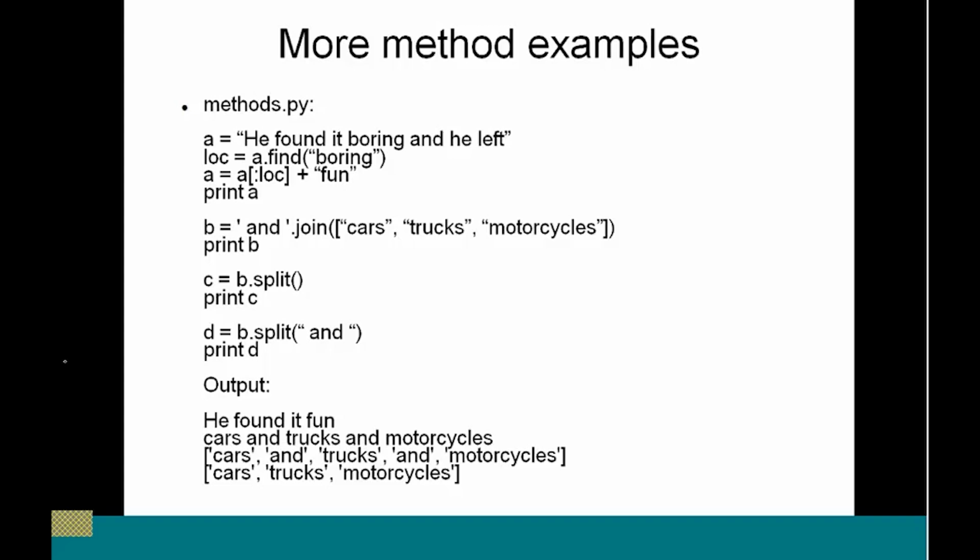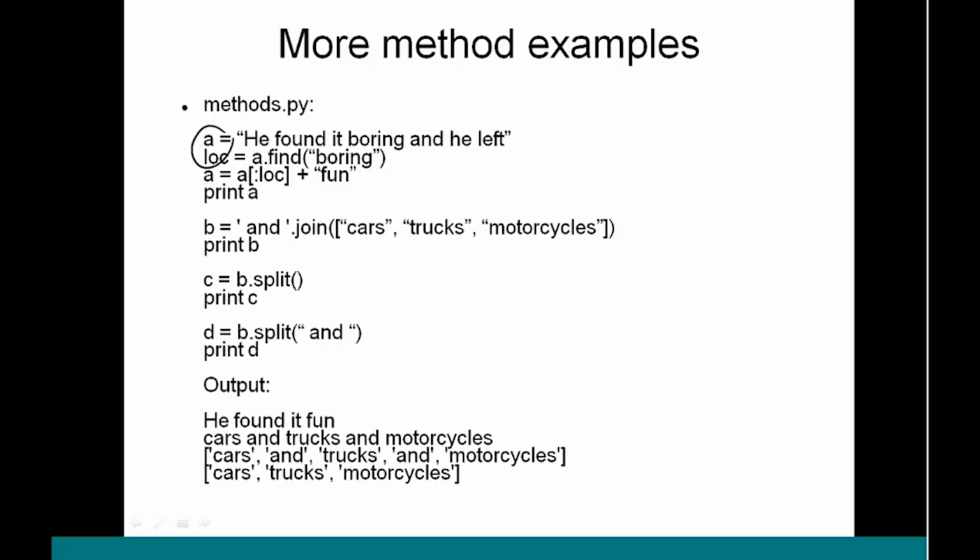Okay, and then there are more examples of the methods. So I'll go through this one. Here we define a variable a, this whole sentence, and then we say find. We define the location to be a find boring, so it's right here. Whatever the number of characters up to this, that's stored in the location.